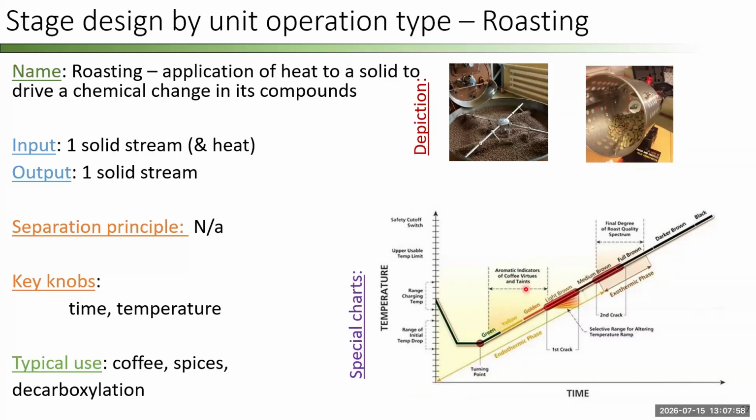So we want to tune and carefully check the temperature that I'm operating at and how long I'm holding things at temperature. So you may see charts for different types of roasters that have time on the roaster versus the temperature of, say, the coffee beans or something else, and then we can equate that to different styles of roast or different reaction extents of the compounds.